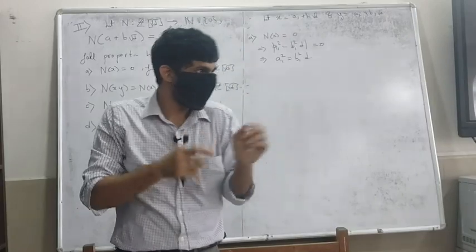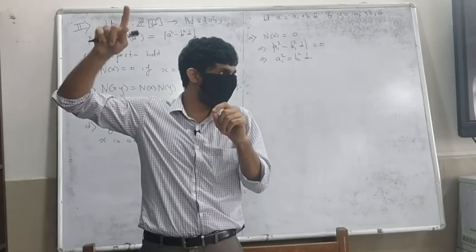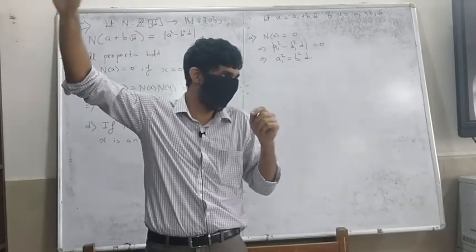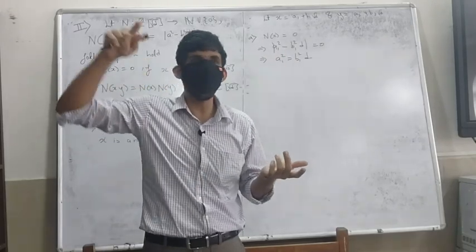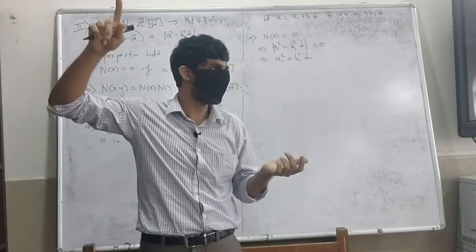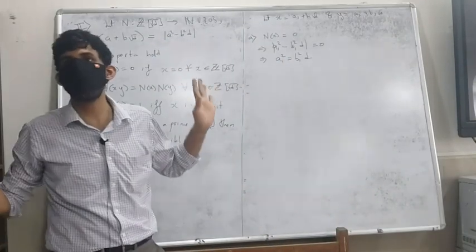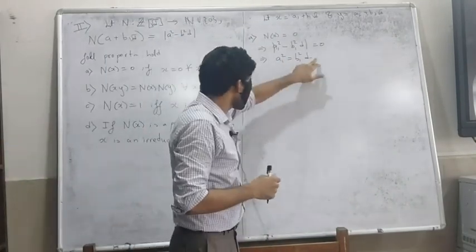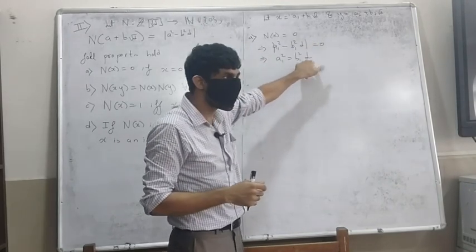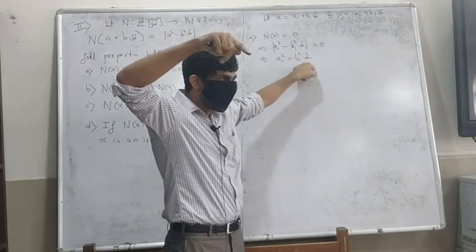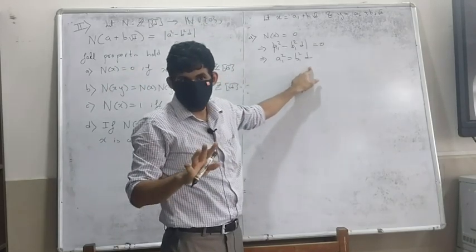What is a square? If you look at the prime factorization of n, you have p1 raised to alpha 1, p2 raised to alpha 2, up to pk raised to alpha k. Look at n squared. What is n squared going to be? p1 raised to 2 alpha 1 into p2 raised to 2 alpha 2 up to pk raised to 2 alpha k. So all the powers have to be even. Prime factorization is unique. So if this is not a proper square, it means that there should be some prime here whose power is odd. Make sense?